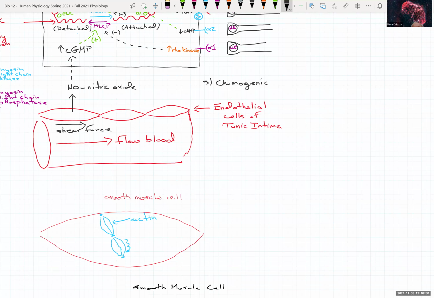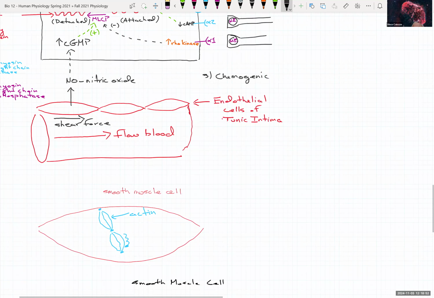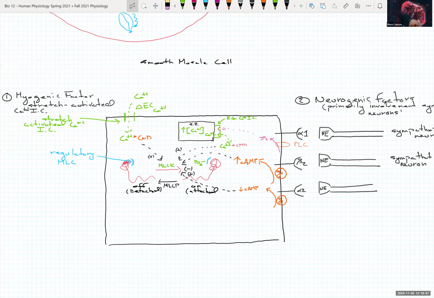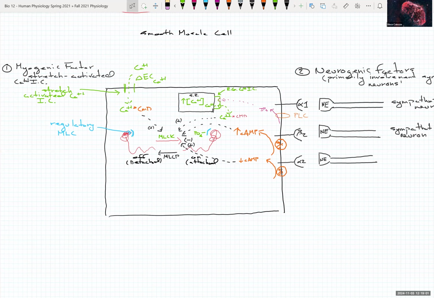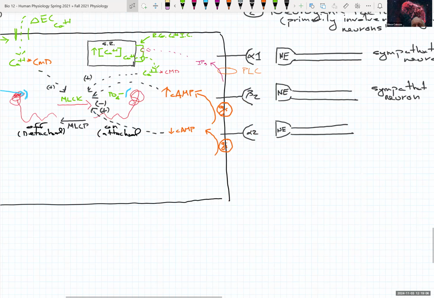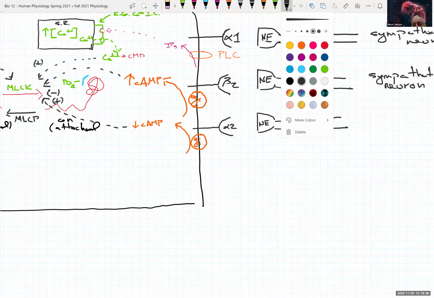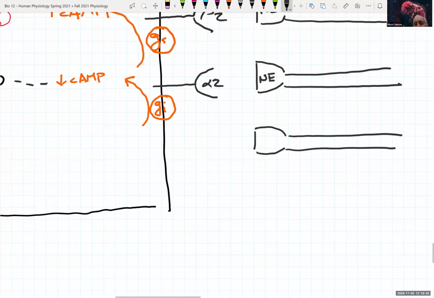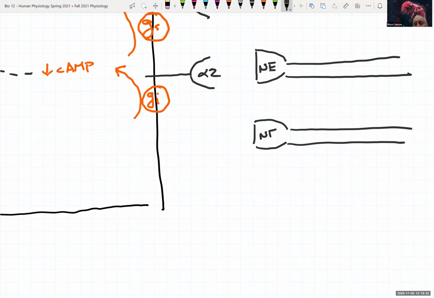All right. Let's also show that these alpha-1 adrenergic receptors can also be acting through a different mechanism. So let me just show that here as well. So here's our sympathetic neuron. We've got norepinephrine.